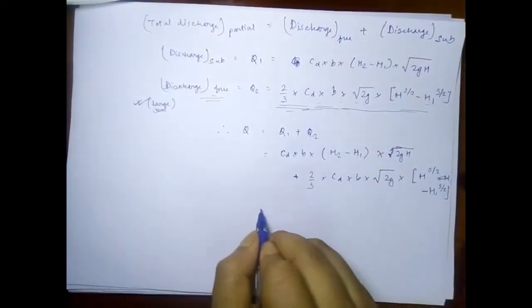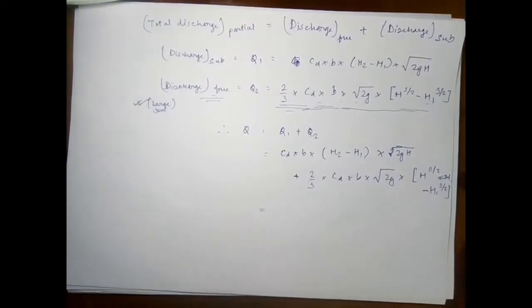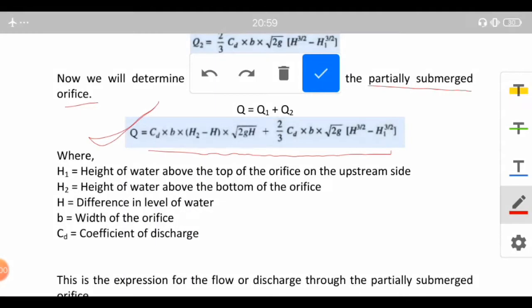On simplifying it would be equal to, but let's not simplify and keep it like this. This is the discharge through a partially submerged orifice. So this was the equation which we derived for the partially submerged orifice.